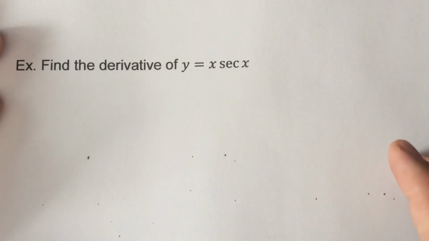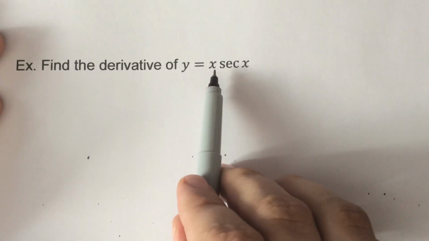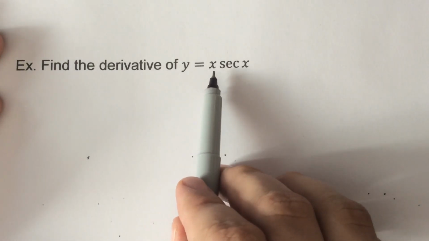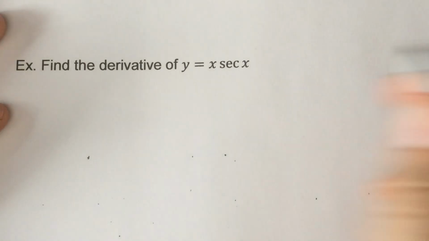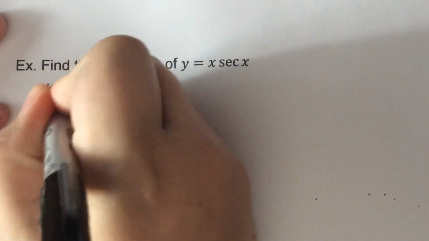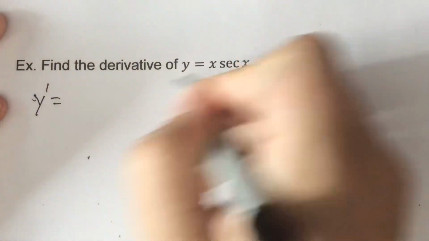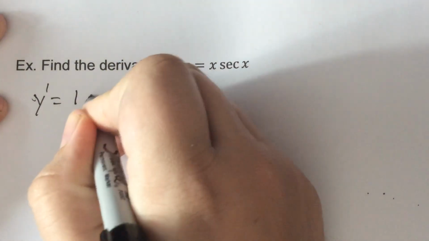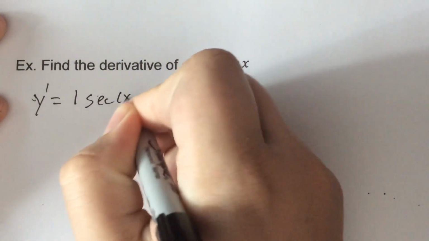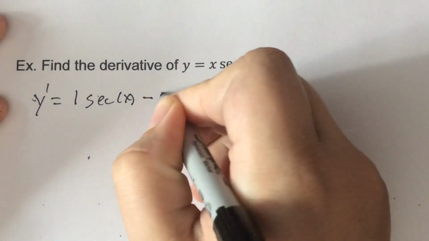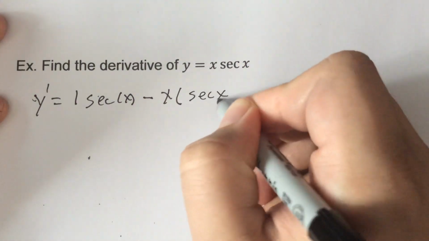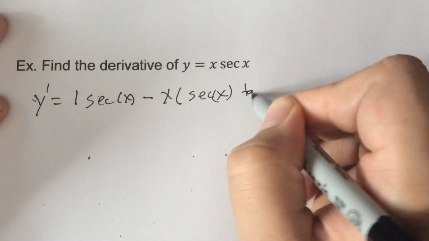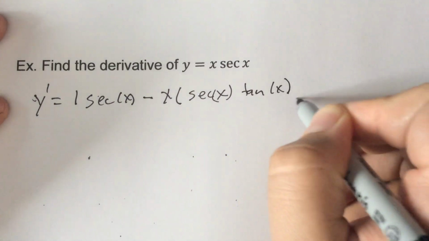So here, this one will need the product rule. So y prime would equal, derivative of the first would be 1 times the second, secant of x, minus x times derivative of secant, which goes to secant x tangent x.